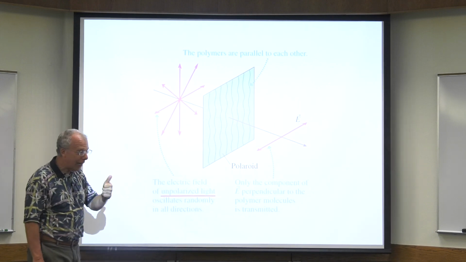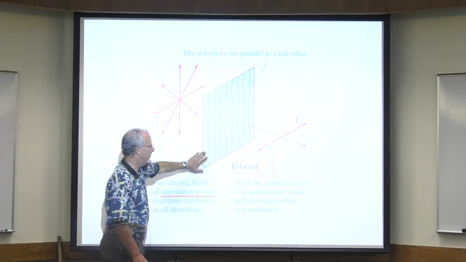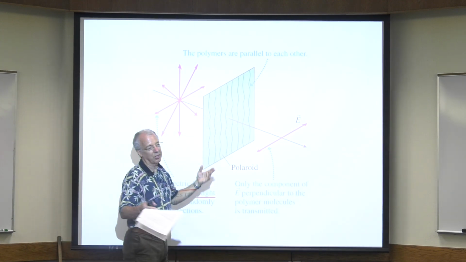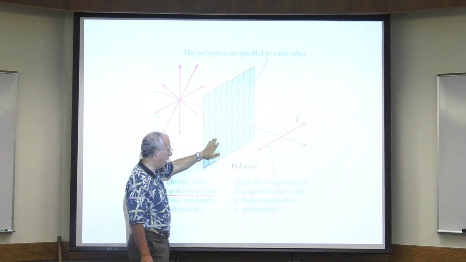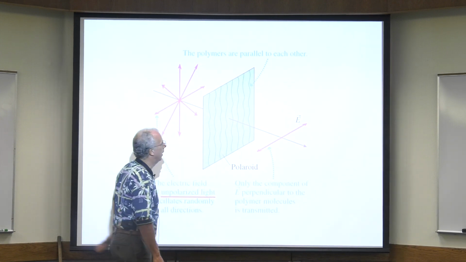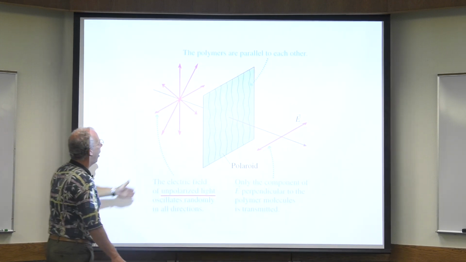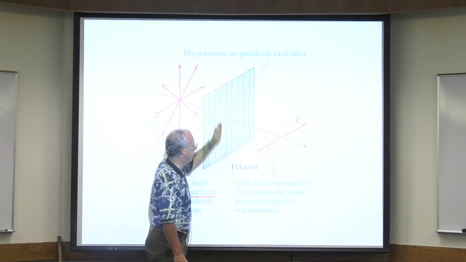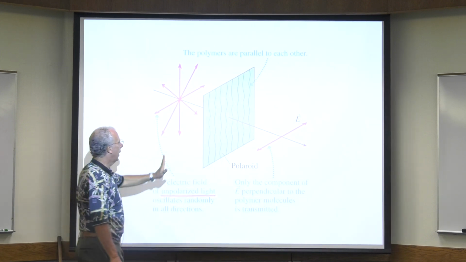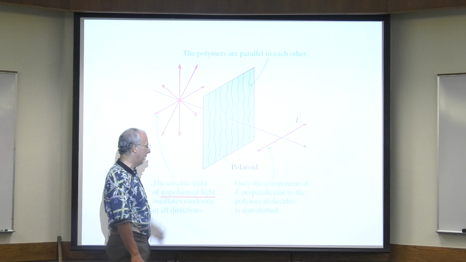You've heard of the Polaroid camera? Okay, so this is something that somebody discovered, invented, I don't know. Anyway, this is a sheet of Polaroid. What does it do? Well, it has polymers parallel to each other, and you can see that it blocks some of the light.